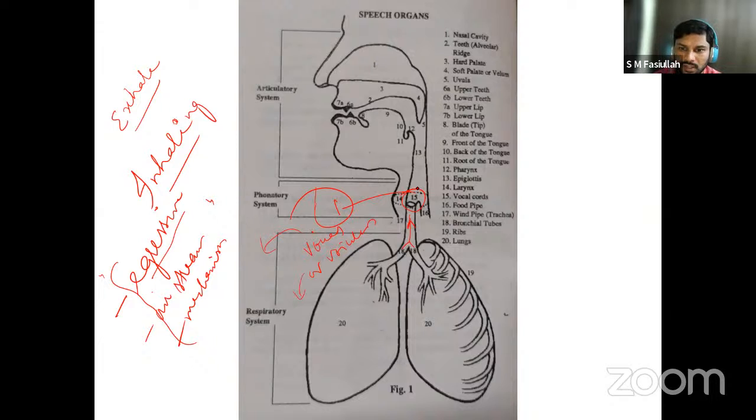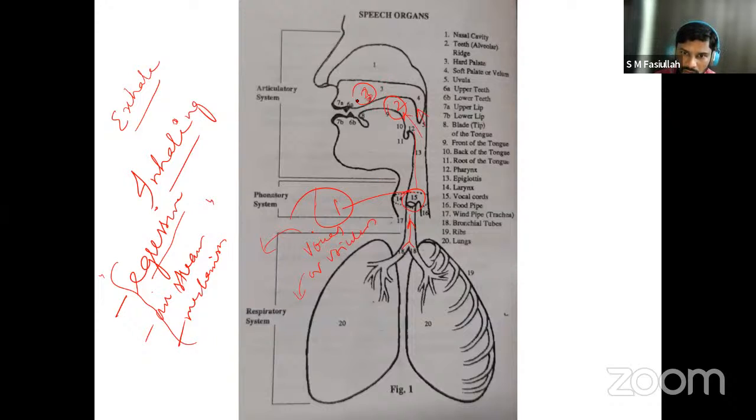So when it goes from here, it could be manipulated here and here. There are three different places where air is being manipulated in production of sound. First is the sound box or the vocal cords.